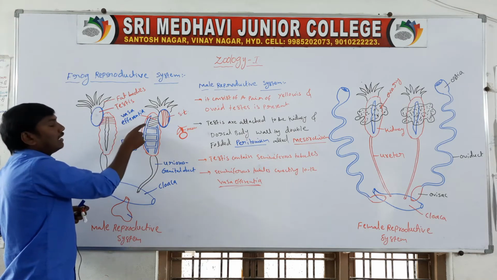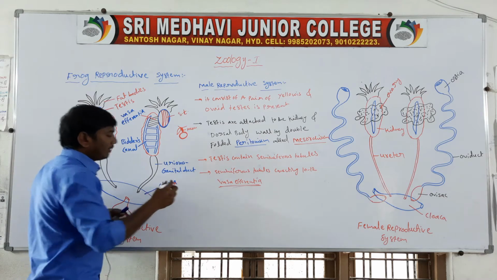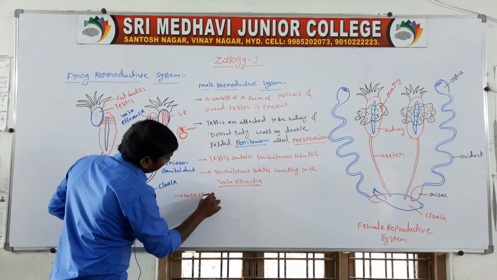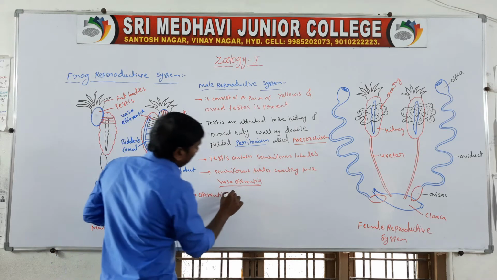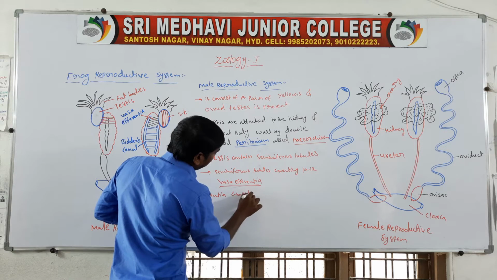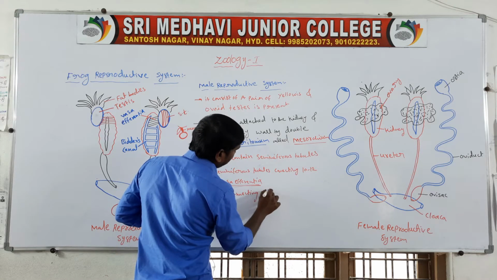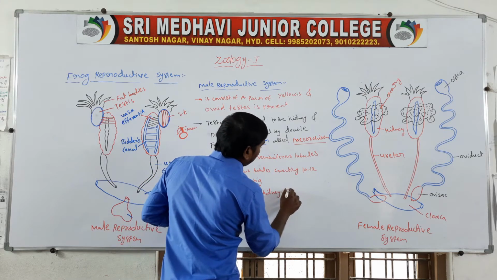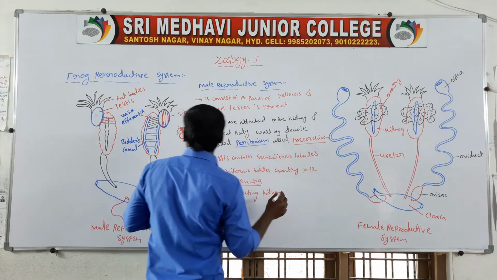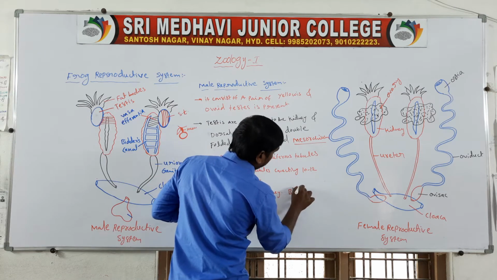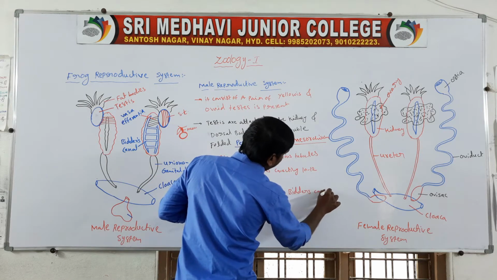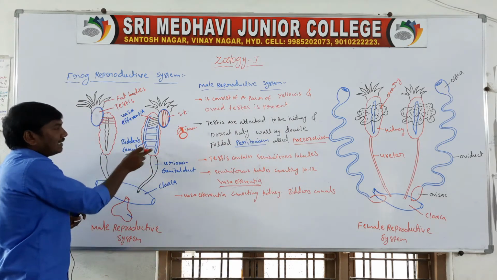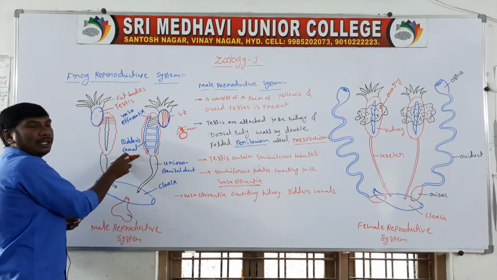The vasa efferentia connect to the kidney through Bidder's canal. The kidneys contain Bidder's canal.